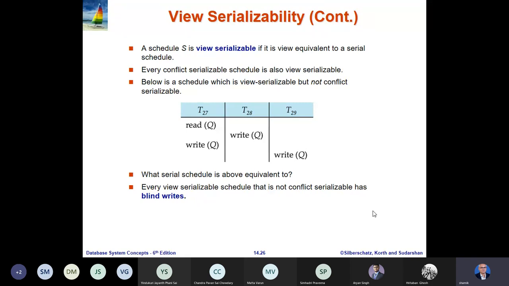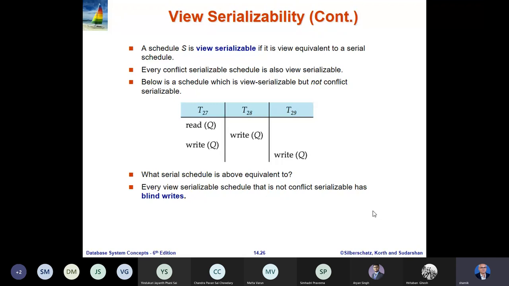So the net effect will be that T27 reads the original value of Q, which is 1000, and the final value of Q will be 5000, written by T29. So although it is not conflict serializable, its net effect is similar to the net effect of the serial schedule T27, T28, T29.